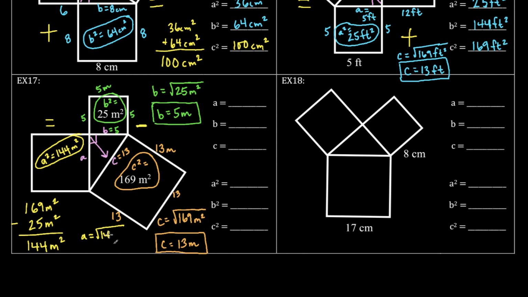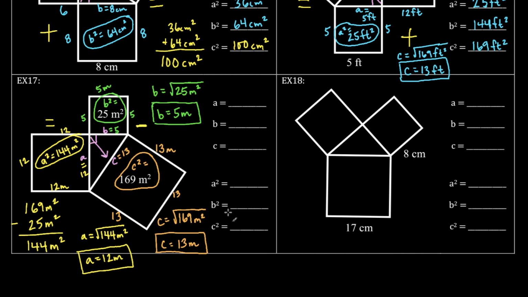I can write that a little better. So that means A is 12 meters. So 12 meters. And I'll put 12 here, 12 here, and 12 here.